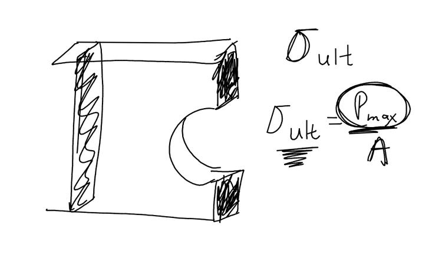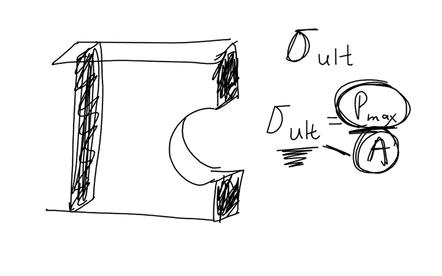If I use the solid area, I get a large value. I multiply that by sigma ultimate to get P max. That gives me a large P max. But if I use this smaller area, multiplied by sigma ultimate, I get a smaller P max. Which P max do I choose, the smaller or the larger? I have to choose the smaller, right? I am limited by my weakest, meaning the stress here reaches the ultimate much faster than the stress here.